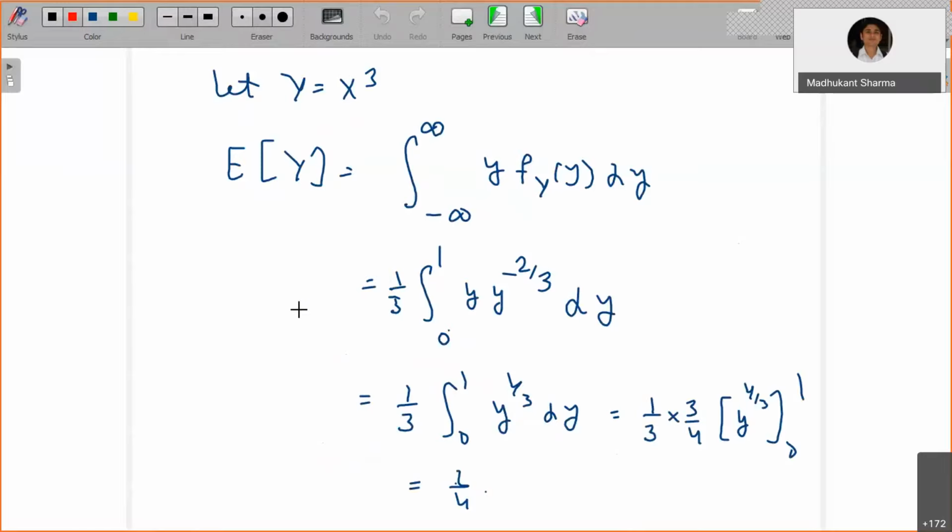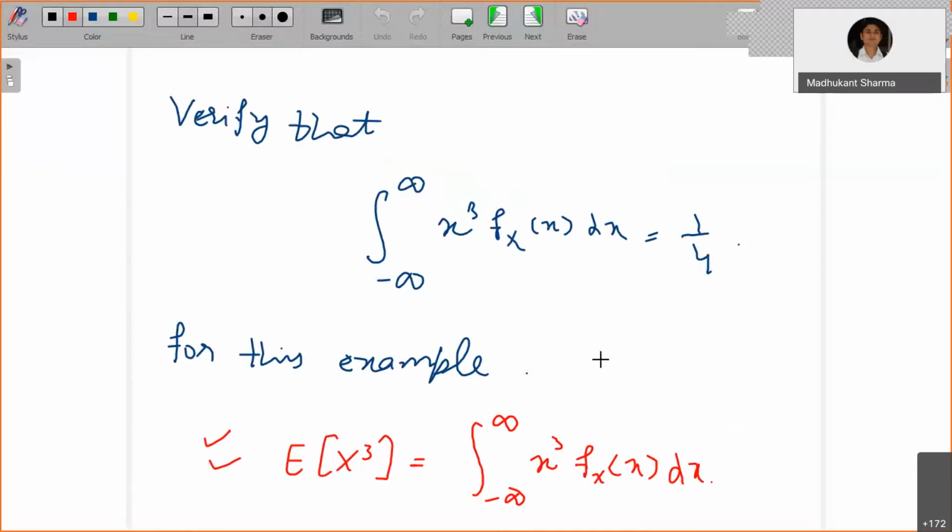So when assuming the same PMF with x cube, if you take this and replace it with a function of x, then x cube gives you x cube.